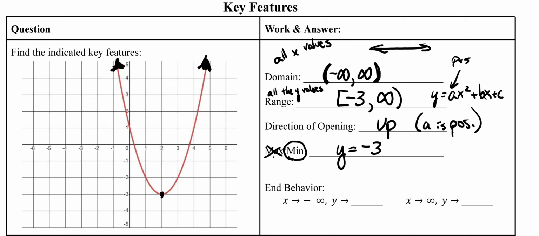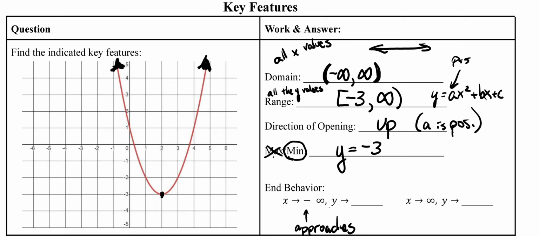Now, end behavior, what happens on the ends of this? So these little arrows mean approaches. We would read those as approaches.